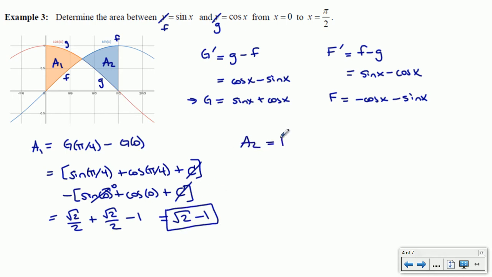This will be given by F at pi over 2 minus F at pi over 4. So we can make our substitutions into this, starting with pi over 2.